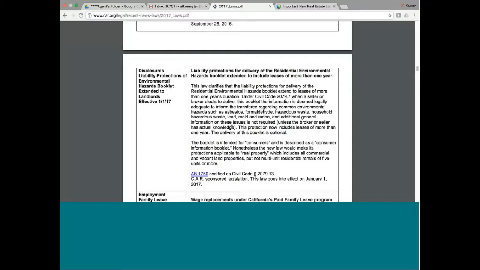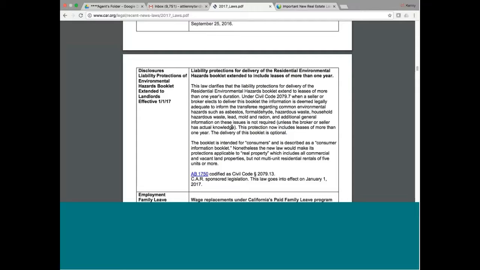Therefore, you're liable to me for not advising me to get a mold report. Now, if you had given this booklet to your buyer, could you shield yourself from liability in that situation? Yes, you can. Because you were not negligent in doing your visual inspection. Even though mold was in the air, it was not visible. Of course, unless you can smell it.